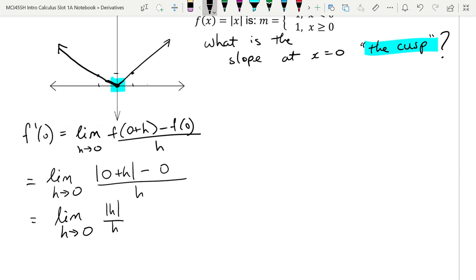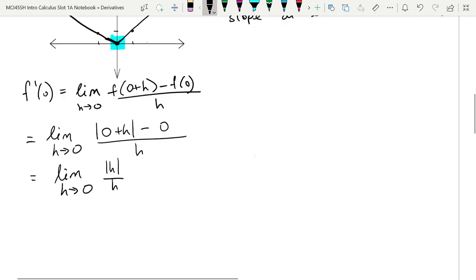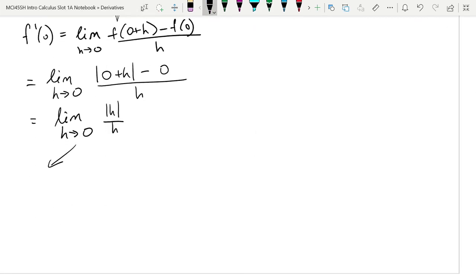All right, what are we going to do with that? Well, remember that a limit only exists if it's the same limit as you approach it from the left or from the right. So I'm going to split this up and say, okay, so what does this thing look like if it's the limit as h approaches 0 from the left?